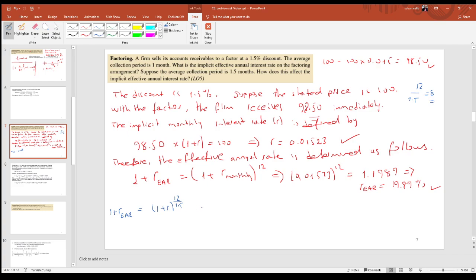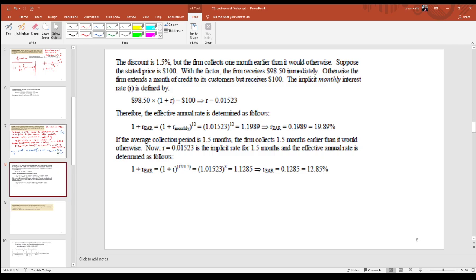So from this equation, if we plug in the figures, 1 plus the monthly rate, 0.01523 to the power of 8, this will be equal to 1.1285. From this, the effective annual rate will be equal to 12.85%.